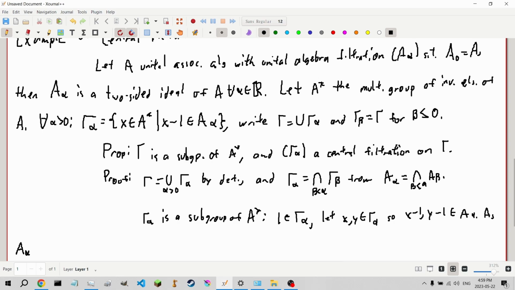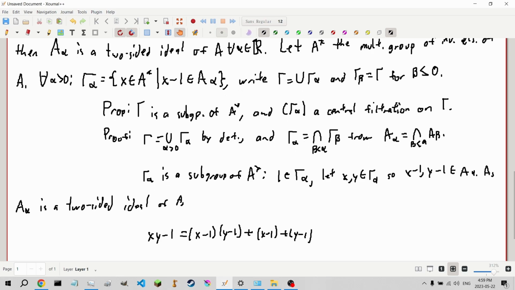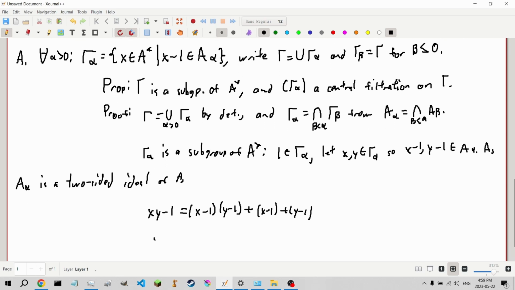As A alpha is a two-sided ideal of A, the formula xy minus 1 equals x minus 1 times y minus 1 plus x minus 1 plus y minus 1, and the formula x inverse minus 1 equals negative x inverse times x minus 1.